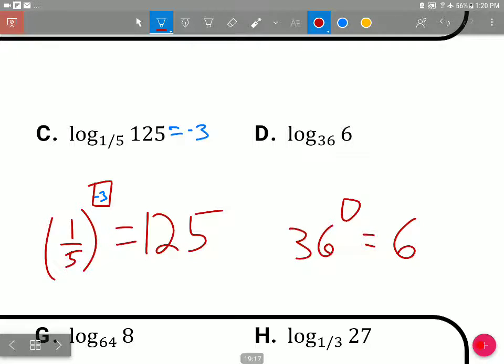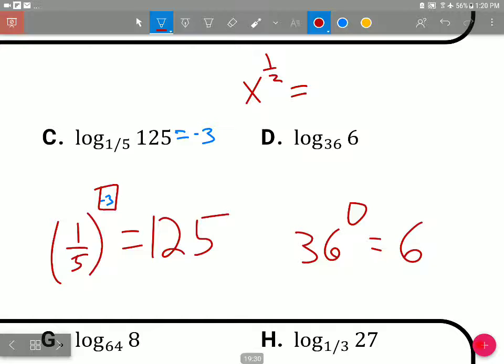You're on the right track, but what do we call it? Not square, it's square rooted. Good. Remember, x to the 1/2 is the square root of x. So 36 to the 1/2 will equal 6.